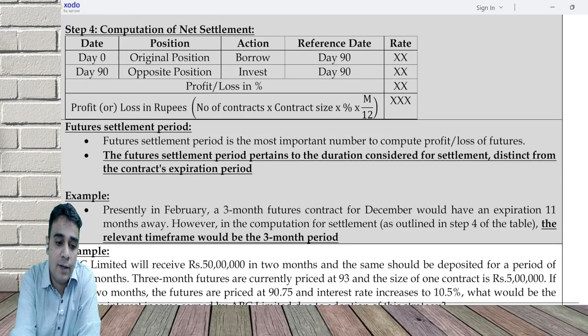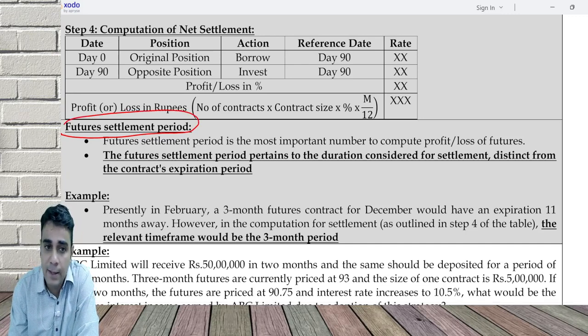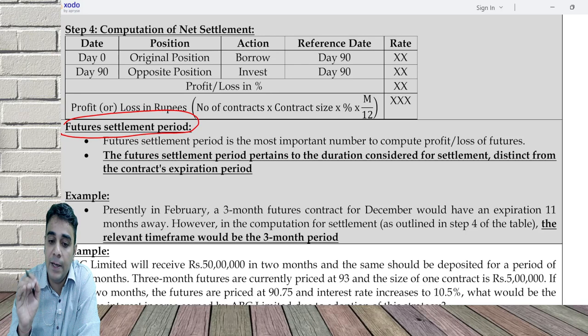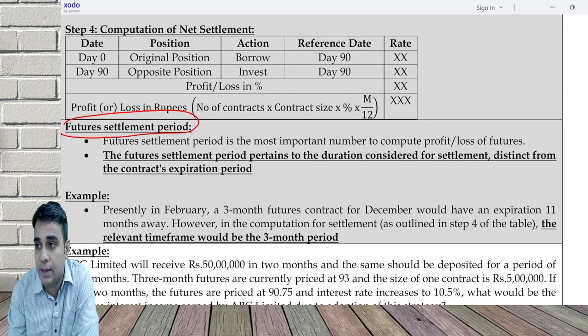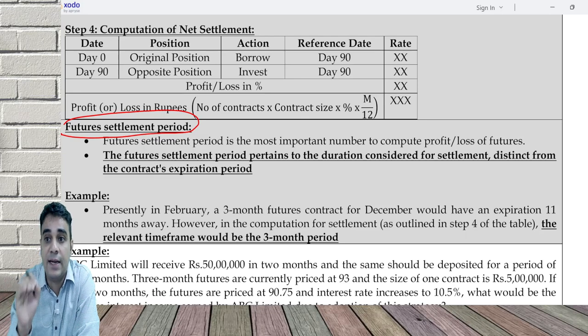One important thought is the future settlement period. Future settlement period is the most important factor to compute profit or loss of a future. It pertains to the duration considered for settlement, distinct from the contract's expiration period. It is not the contract's expiry period. It is the time period considered to calculate the settlement.